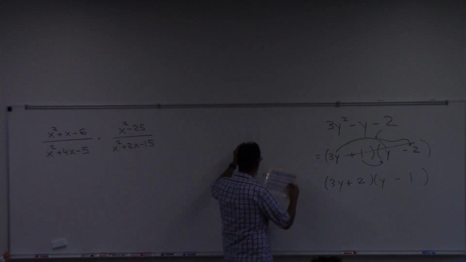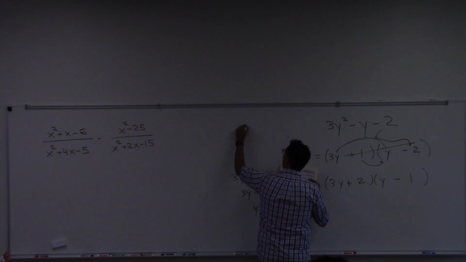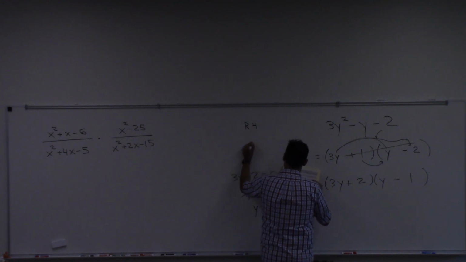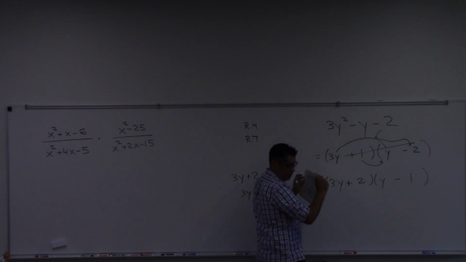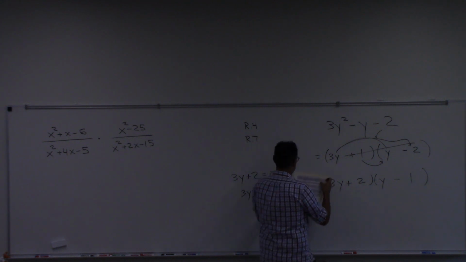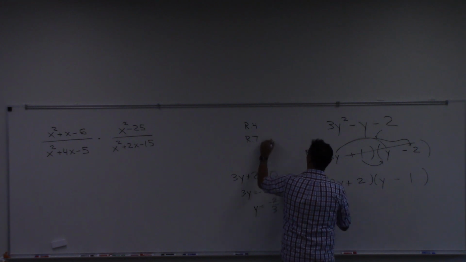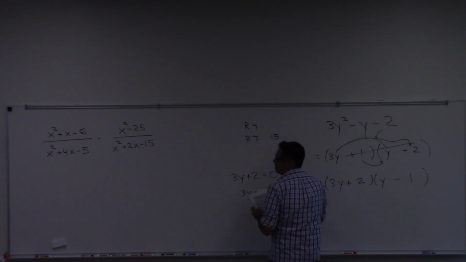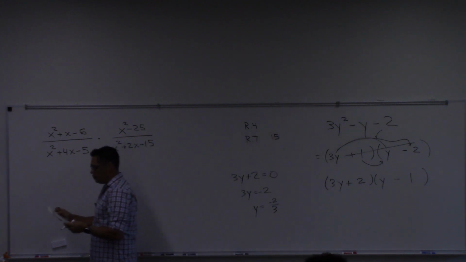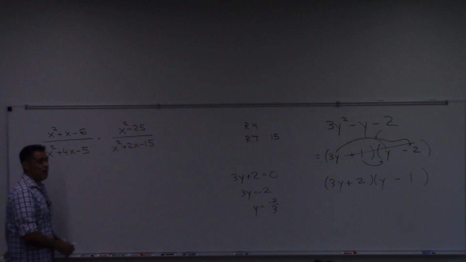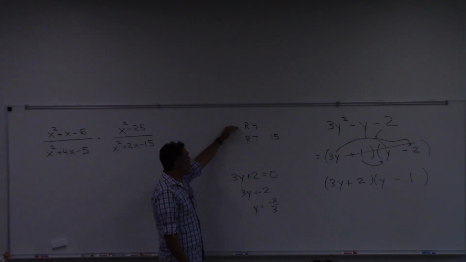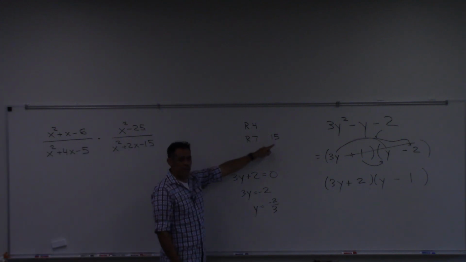I expect that you'll do all of the homework from R4, and for R7, only number 15. We went pretty slow today, so it's okay. Your quiz will come from the problems from R4, or I could give you number 15 from R7. That's what I promised you.